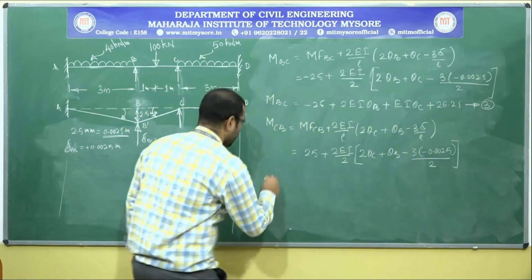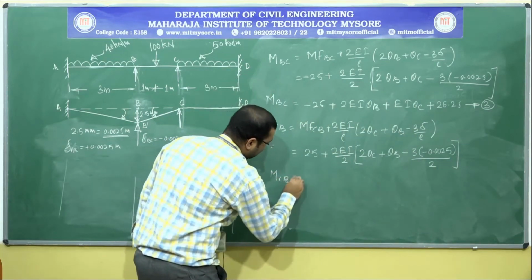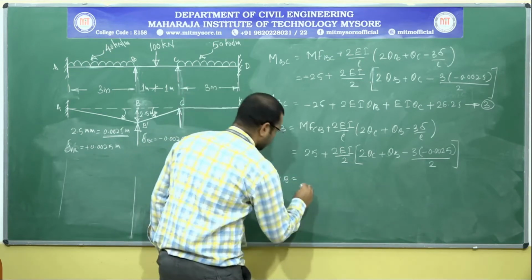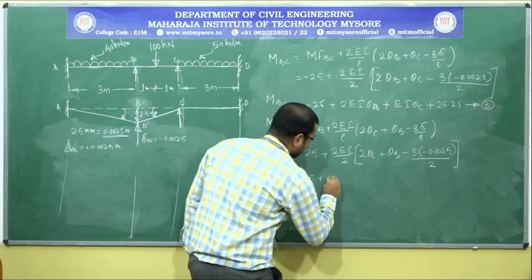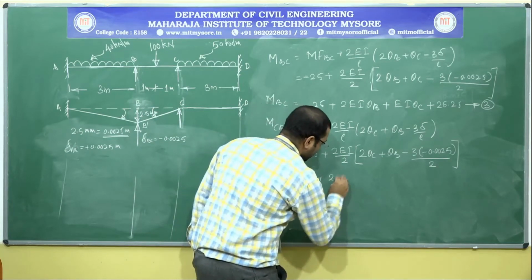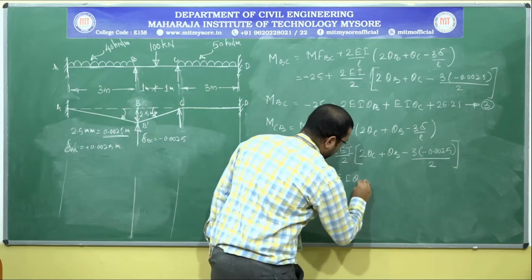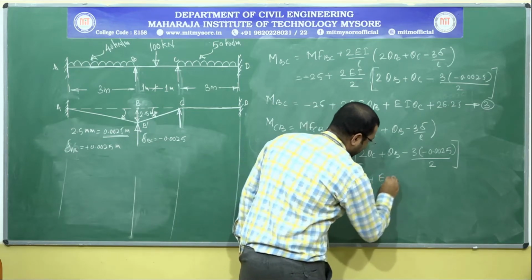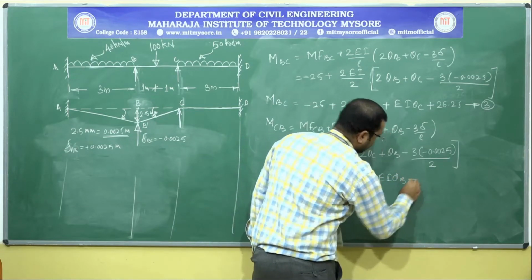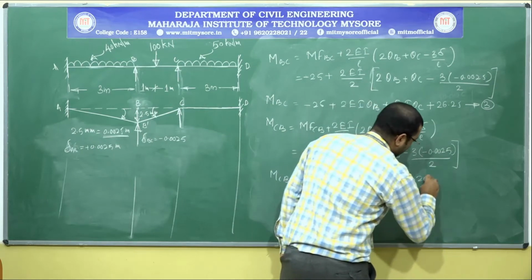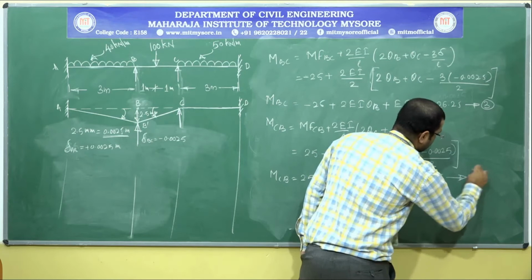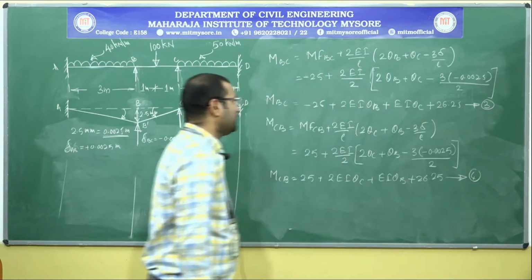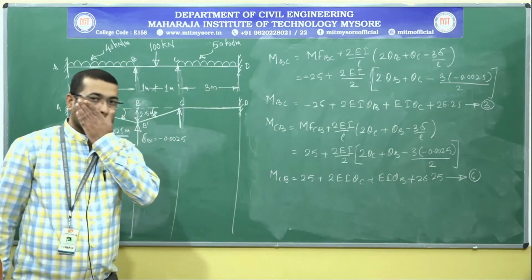So this yields to MCB is equals to 25 plus 2 EI theta C plus EI theta B plus 26.25. So call this as equation number 4, right.